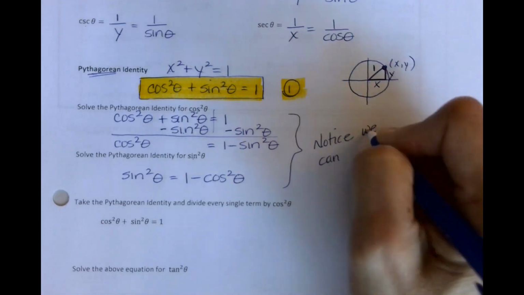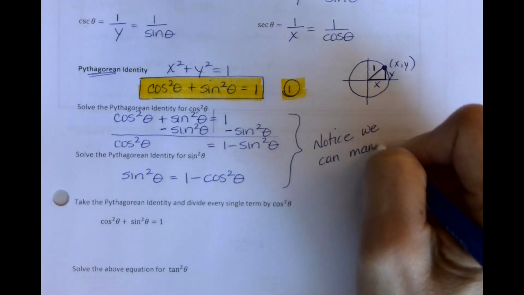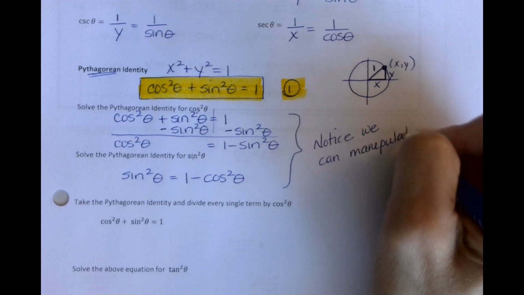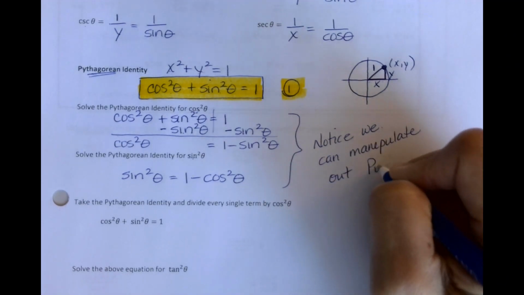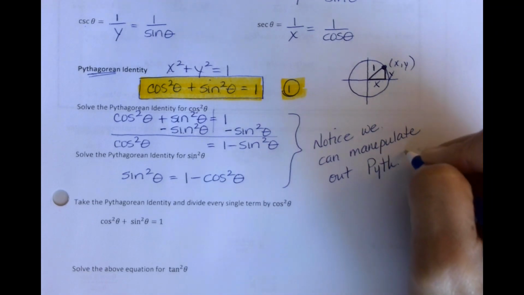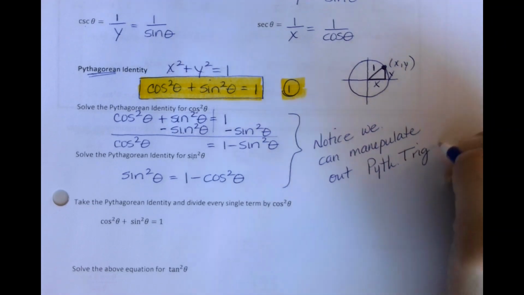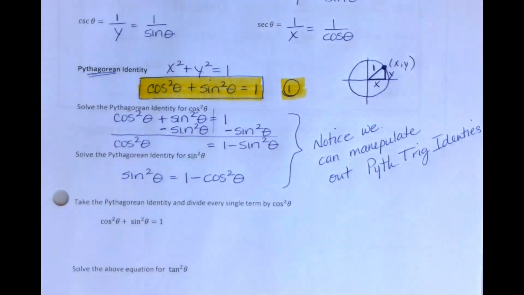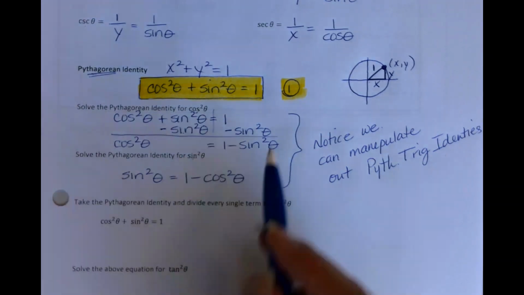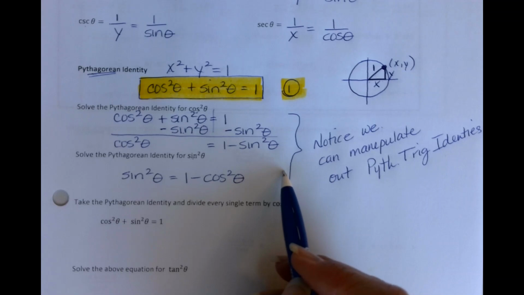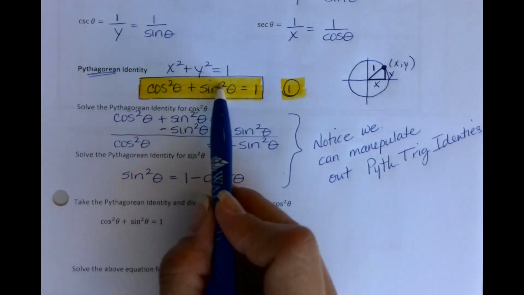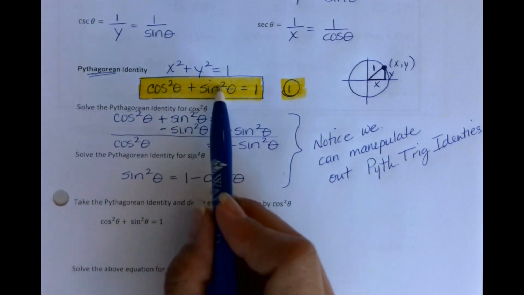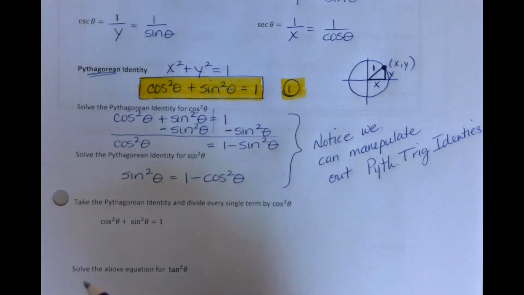So notice we can manipulate our Pythagorean trig identities. Okay, because as I mentioned, we have more than one. So what I did here in this example, we can also do with the other two. Okay, so this is still this equation, this is still this equation, just the terms are rewritten.